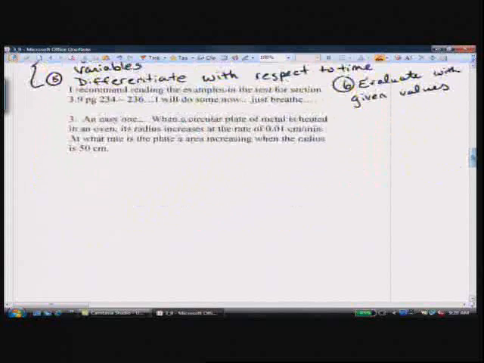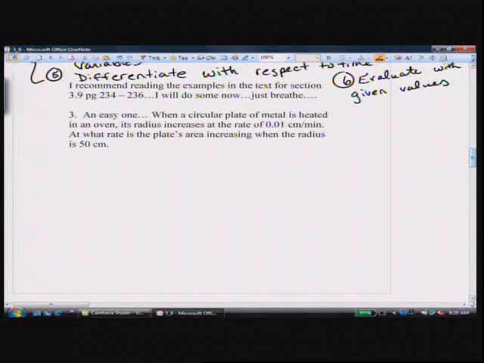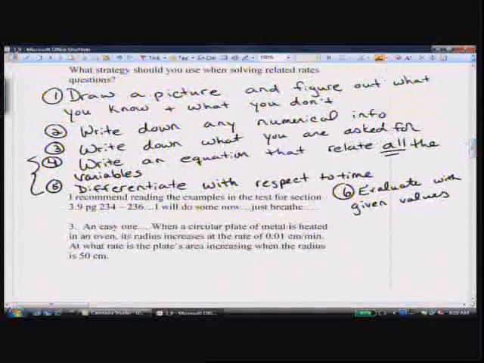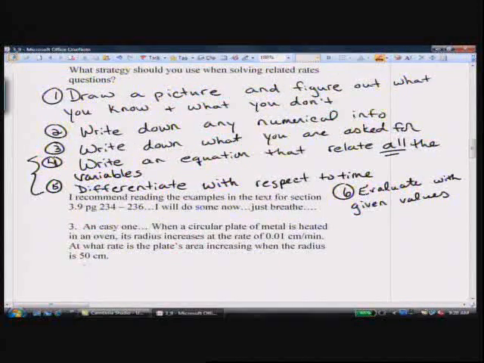All right, here's an easy one. When a circular plate of metal is heated in an oven, its radius increases at a rate of 0.01 centimeters per minute. At what rate is the plate's area increasing when the radius is 50 centimeters? Okay, so the first thing you do is draw a picture and figure out what you know and what you don't know.